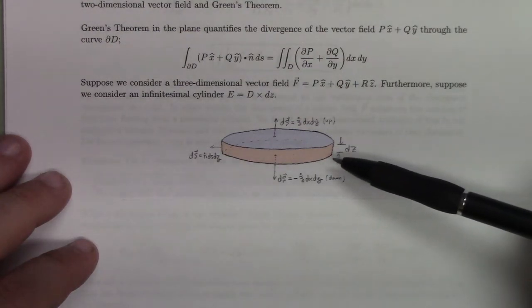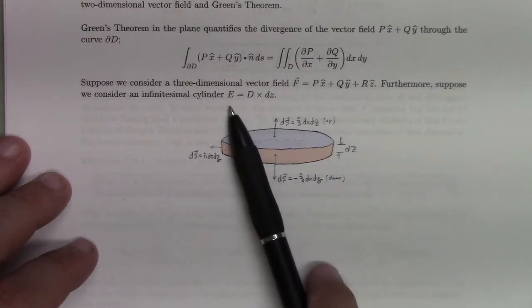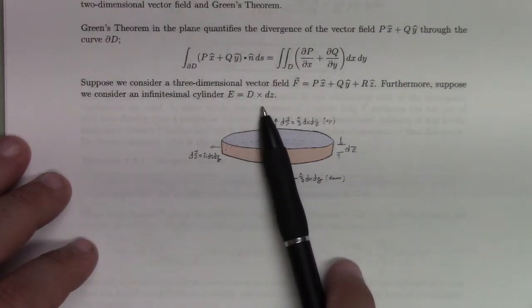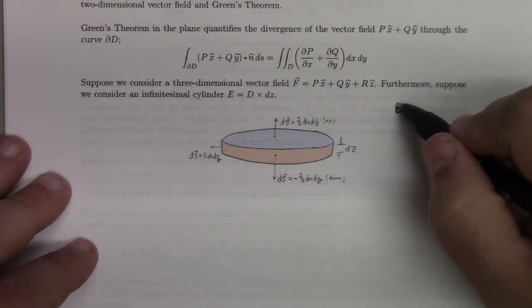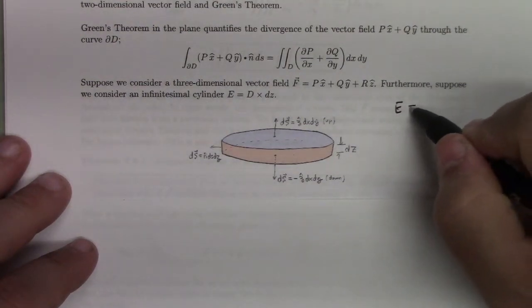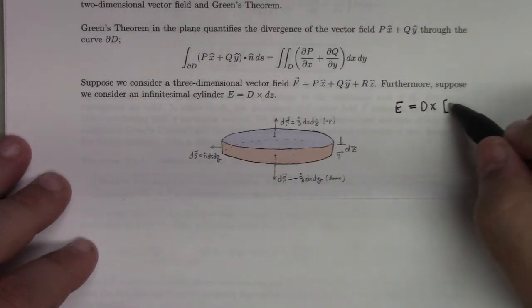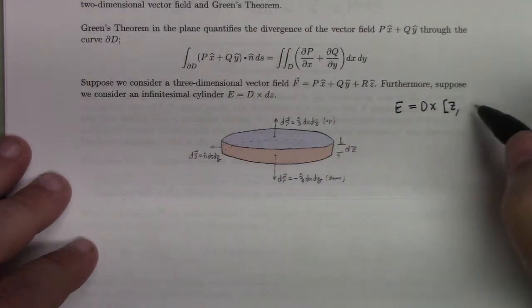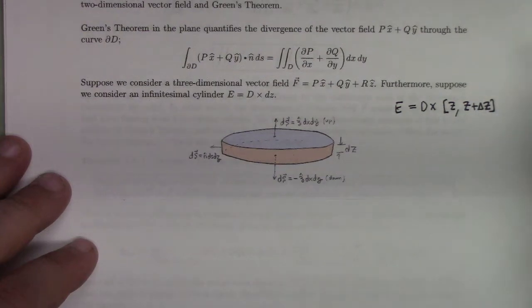So, like I said, consider an infinitesimal cylinder E, which is the disk Cartesian product with delta Z. Now, if the dz bothers you, you could say that this is the disk Cartesian product with the closed interval from Z to Z plus delta Z for a finite but small delta Z. That's all I mean by that: it's a tiny little cylinder.